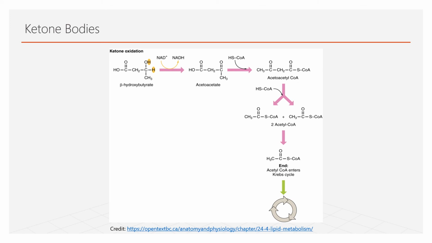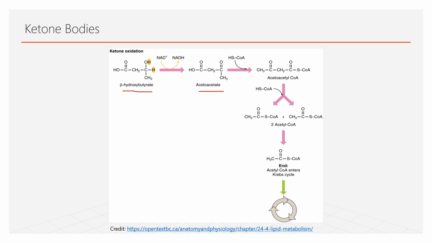In this slide, you are looking at a series of reactions which the ketone body goes through in order to produce acetyl-CoA, which finally will be diverted to the Krebs cycle to produce energy. There are three main types of ketone bodies: beta hydroxybutyrate, acetoacetate, and acetone.